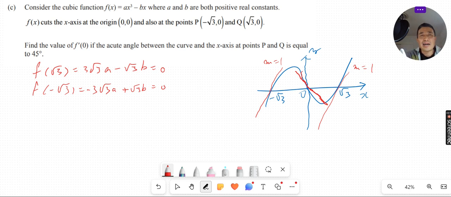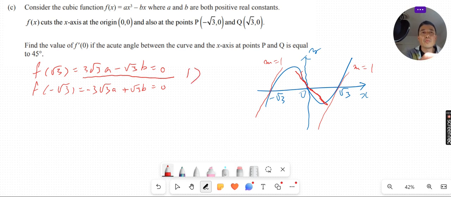Well, I don't think these are equations number 1 and 2, because when you add them, a gets cancelled and b disappears as well, so 0 equals 0. No point. So we can use just one of them, either this or this, but I'm going to choose this one as equation number 1.